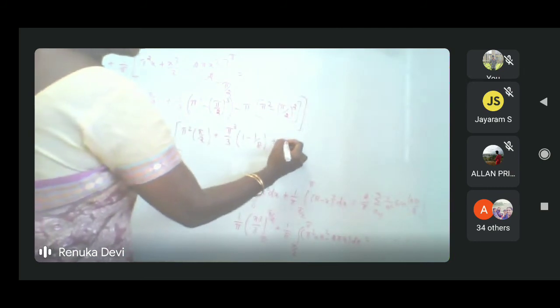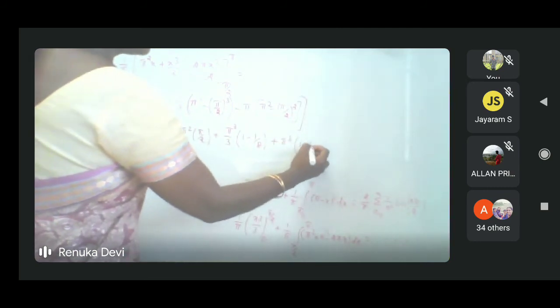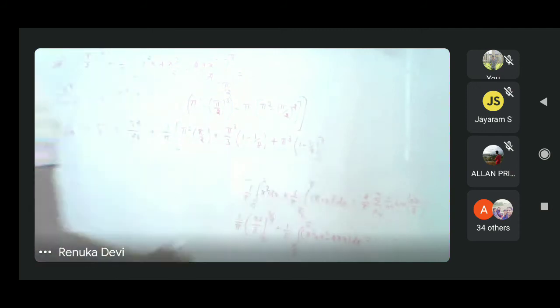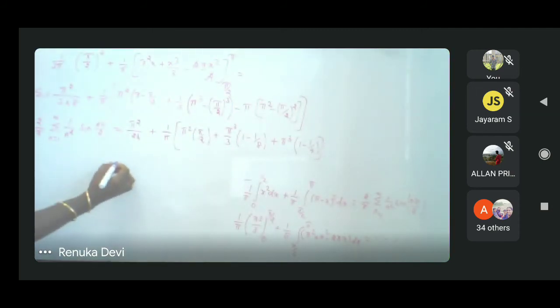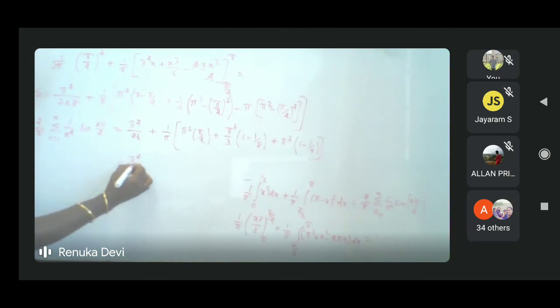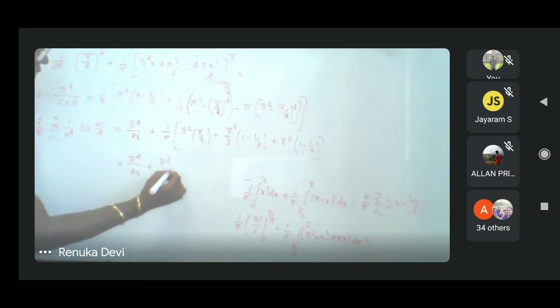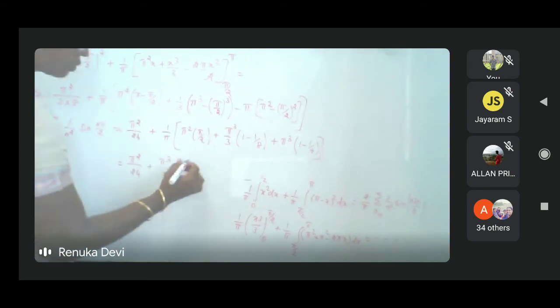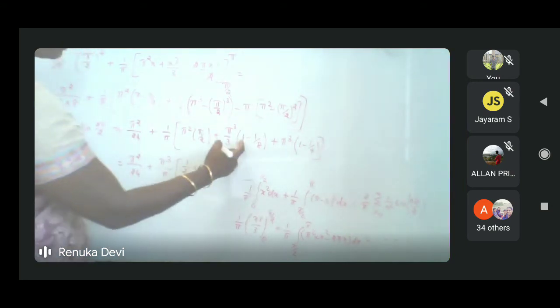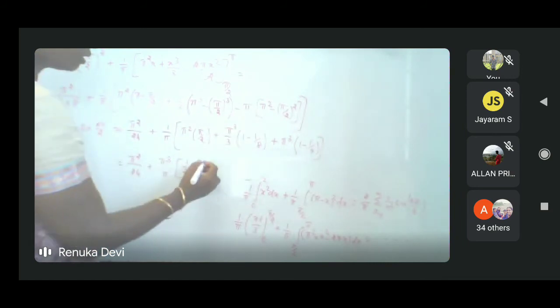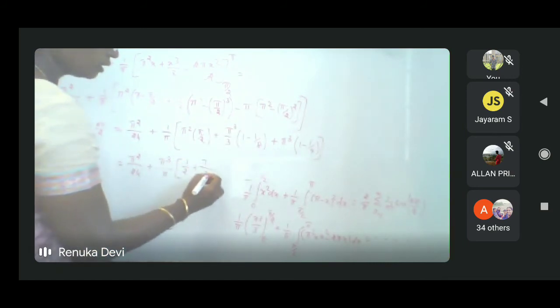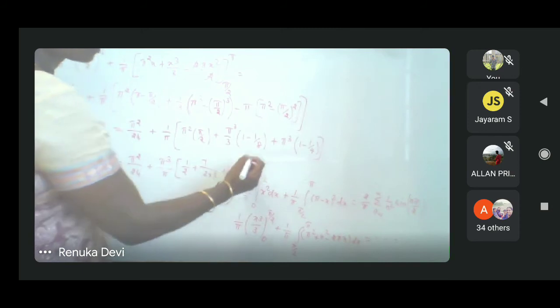Plus here also I can take pi cube, 1 minus 1 by 4. Is it okay? That is pi squared by 24. If I take pi cube outside, within the bracket, it is 1 by 2. What is this? 7 by 8, isn't it? 7 by 3 into 8 plus 3 by 4.